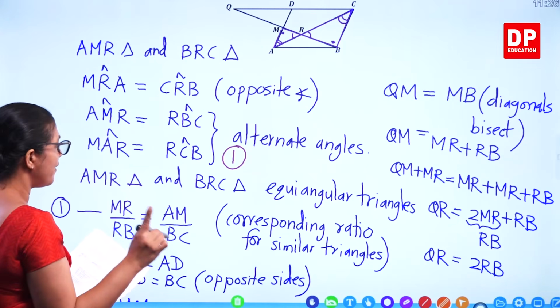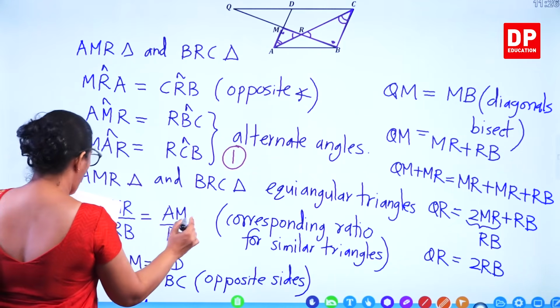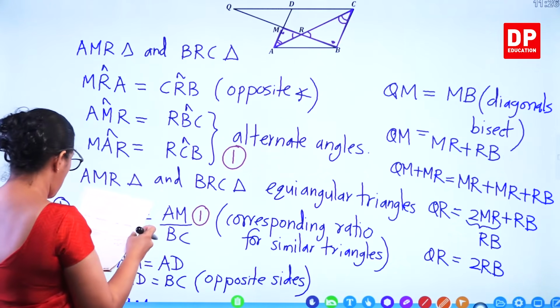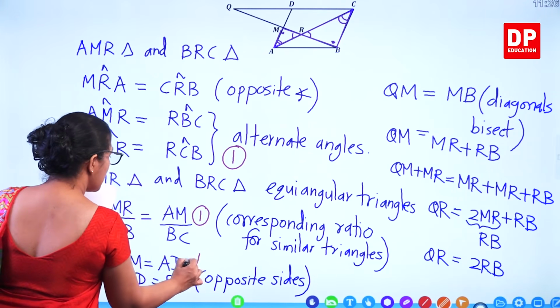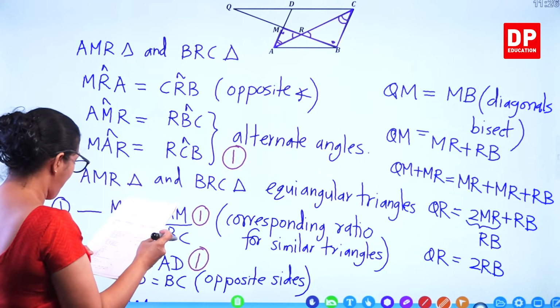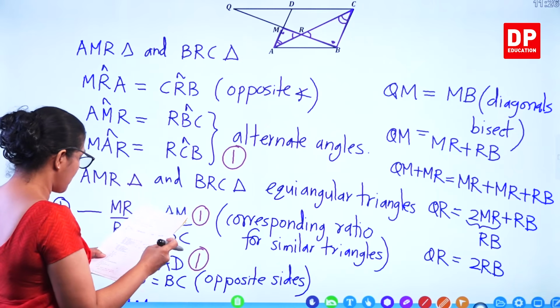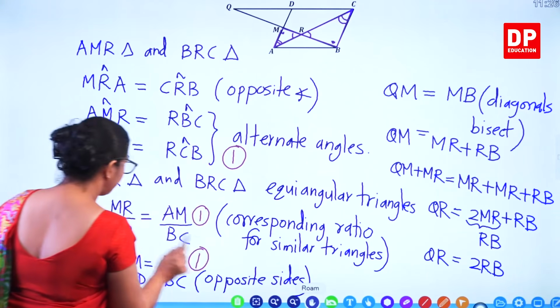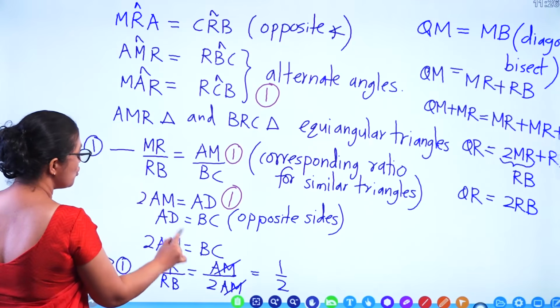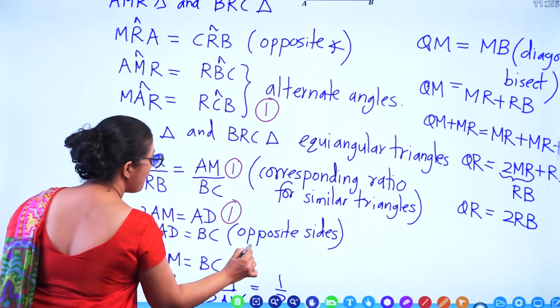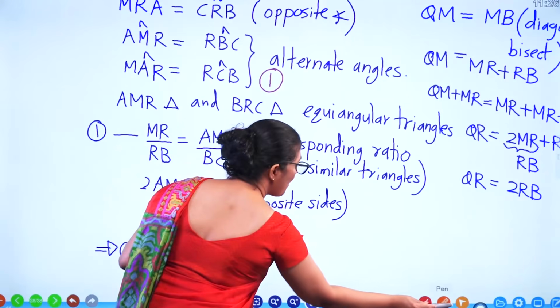And taking the corresponding ratio, 1 mark. And showing 2AM equals BC, that's 1 mark. And instead of this ratio, substituting 2AM, 1 mark there.